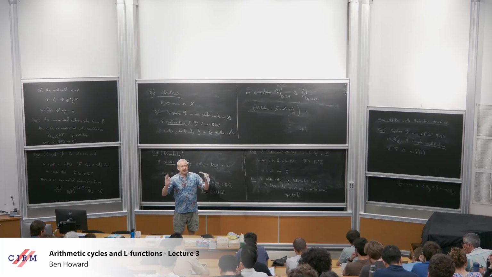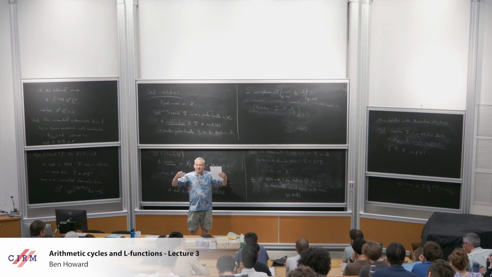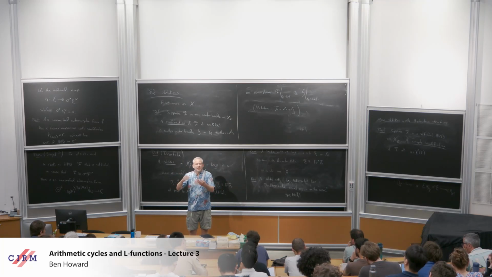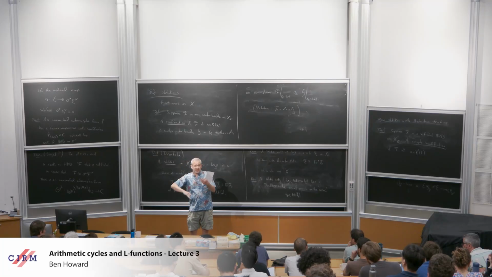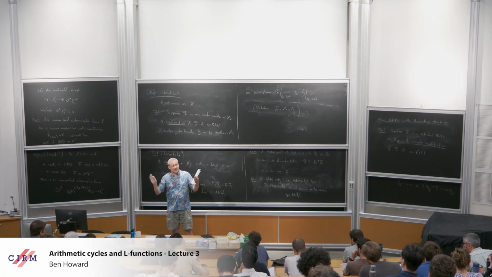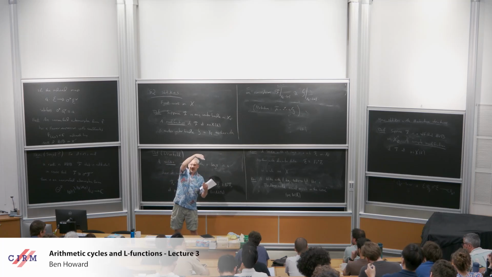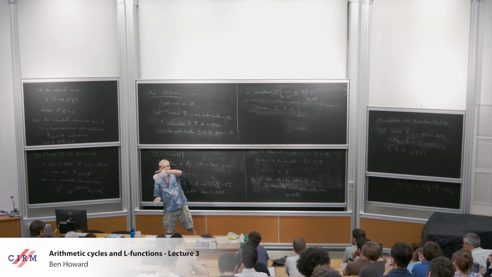But it's a restriction. Imagine you have a Hermitian lattice over the ring of integers of a number field that's self-dual. If you make it a little bit smaller or bigger, it won't be self-dual anymore. So if you want to change it and get something that's still self-dual, if you make it a little bit smaller in one way, you also have to make it a little bit bigger in a different way.